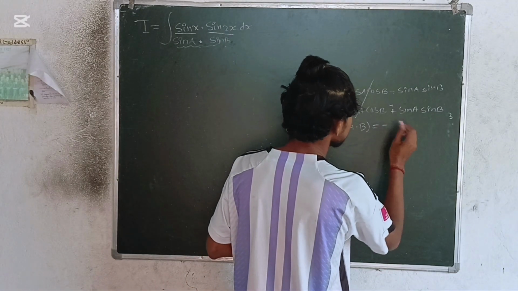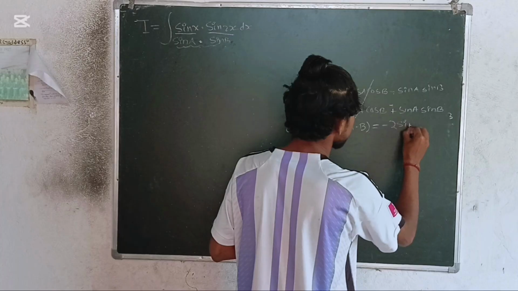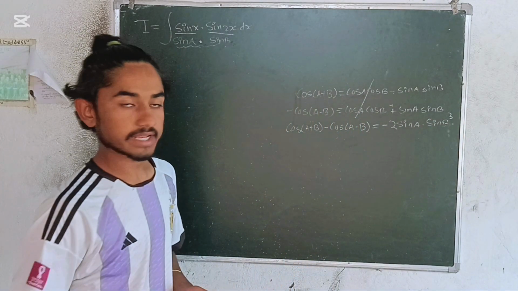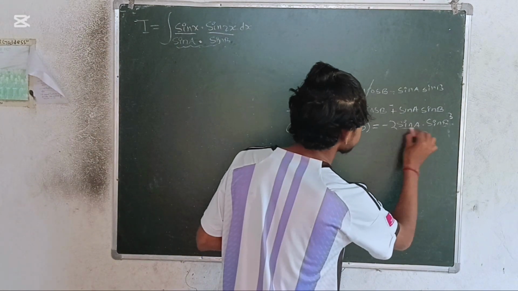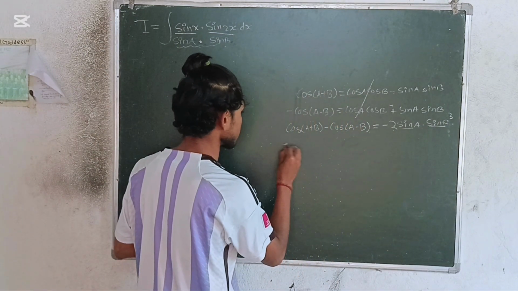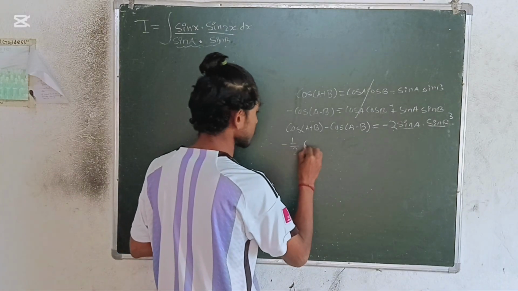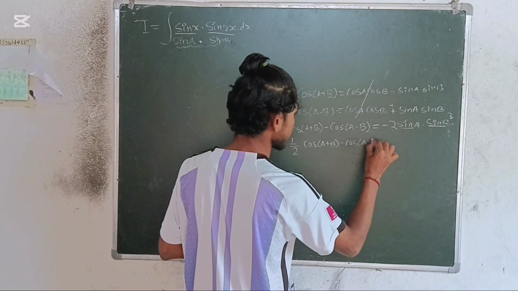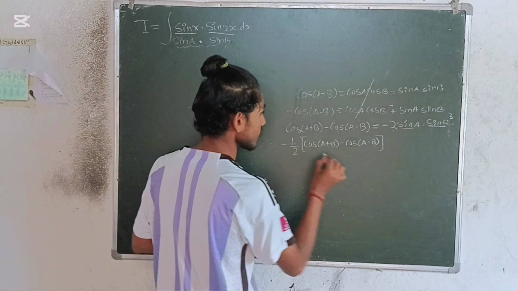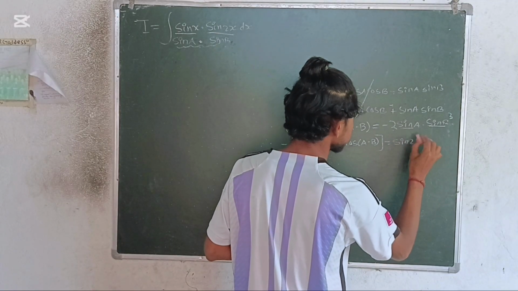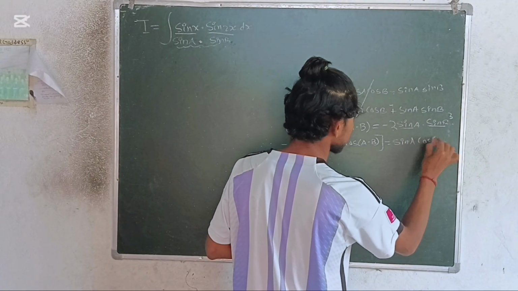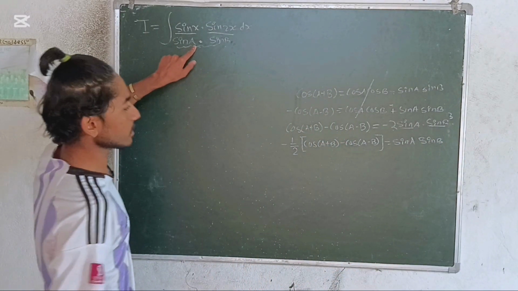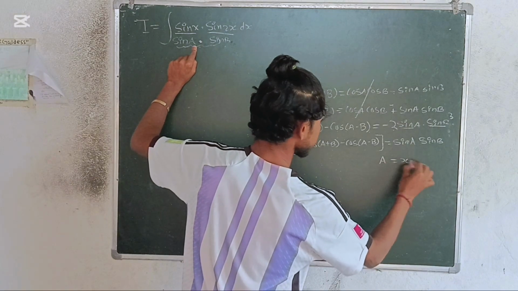So it is minus 2 sine A into sine of B. We want sine A and sine B, so we have to divide both sides by minus 2. Minus 1 by 2 cosine of A plus B minus cosine of A minus B is going to be sine A sine B.